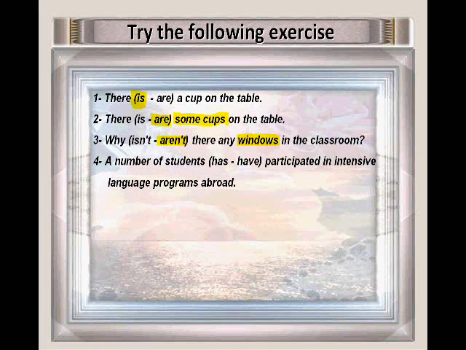Number 4. A number of students has or have participated in intensive language programs abroad. A number of students, okay, amount again, has or have participated in intensive language programs abroad.